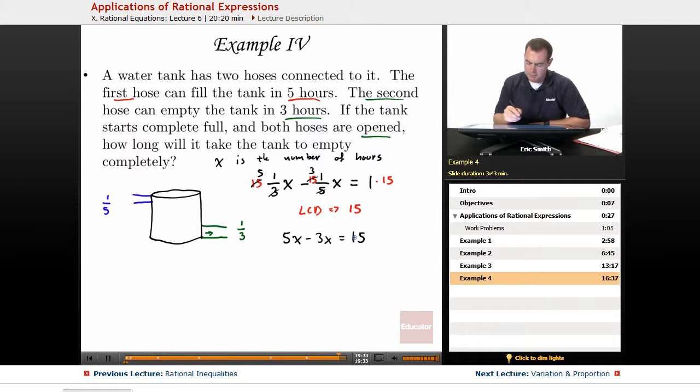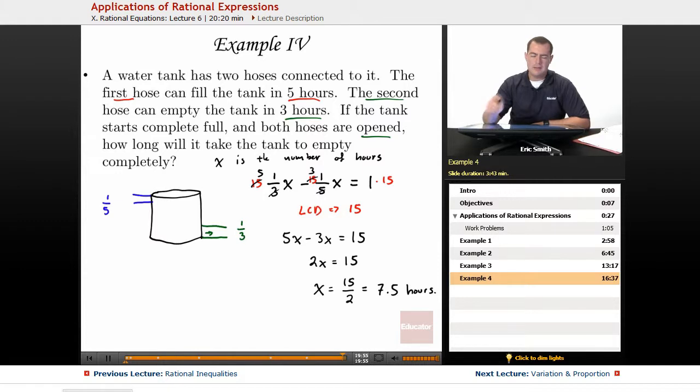Doing a little bit of combining on the left side, I have 2x equals 15, or x equals 15 divided by 2, or 7.5 hours.